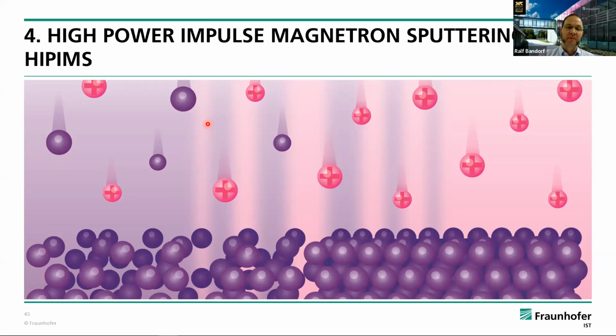And if you increase or further stretch the approach of the pulsing, then you come to high power impulse magnetron sputtering. The main idea is, in conventional sputtering, we are operating mainly with neutral particles. The fraction of ionized film forming species is a few percent at maximum, depending on the material.